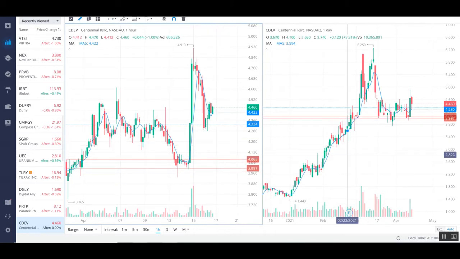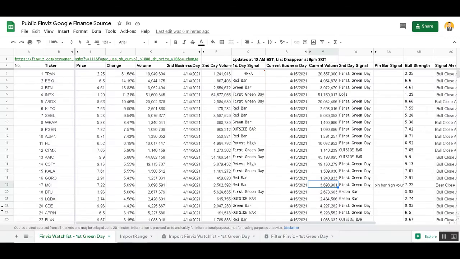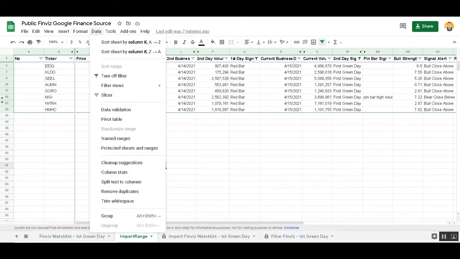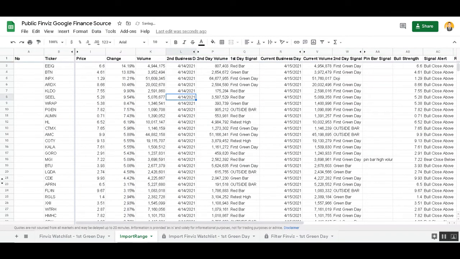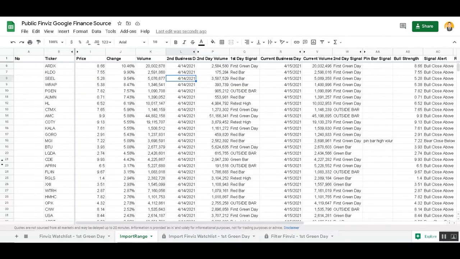So these are the two setups that I'm using my Google Sheets to help me identify: weakness into a bull market and strength into a bull market. Okay, let's start. Right now, what my Google Sheet does is it tracks all of yesterday's top gainers.